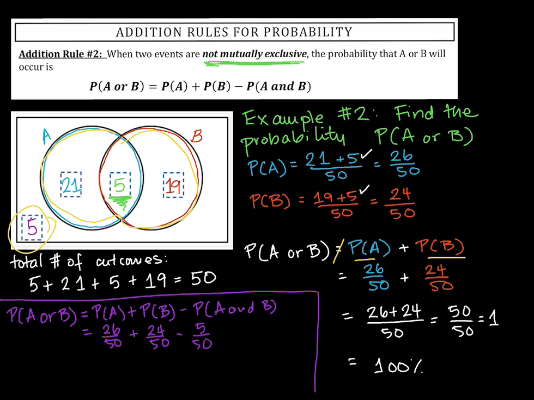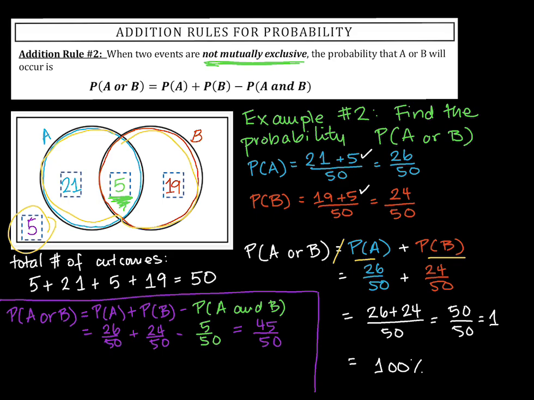The 5 is actually, and I'll do it in green so we can connect it to this one right here, we're subtracting the intersection of A and B, and that's 5 out of 50. So in the end, that gives us 45 out of 50.